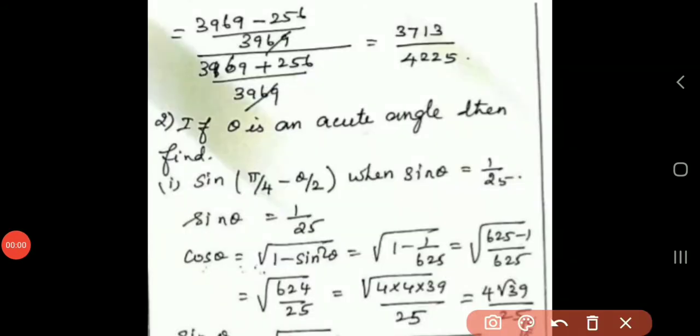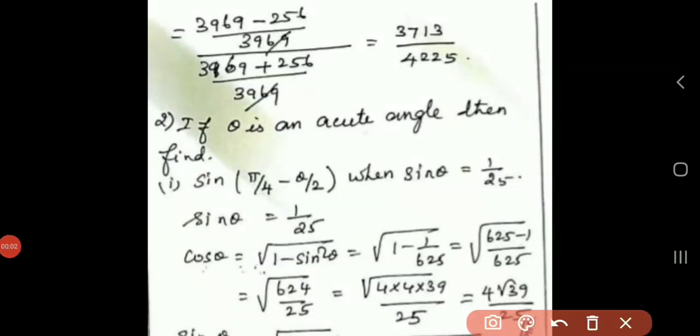Then squaring in the numerator and denominator, we got 1 minus 256/3969. The denominator also I got 1 plus 256/3969.